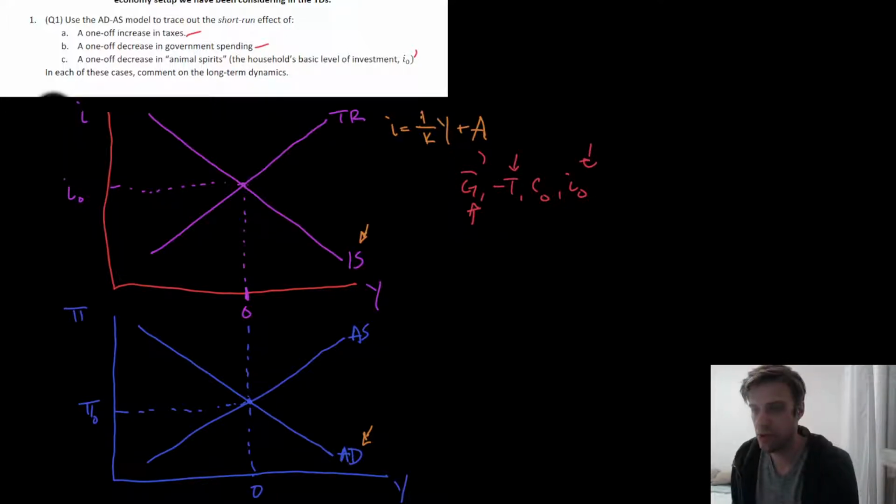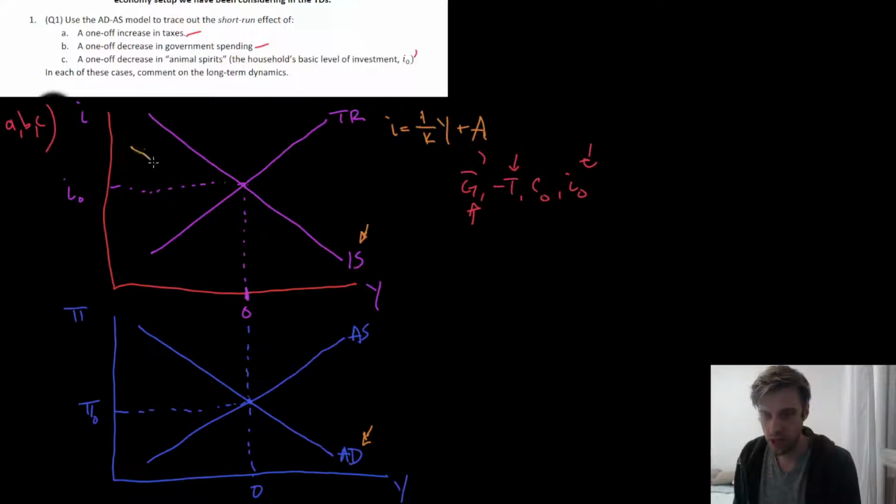So I'm even going to just rewrite this and write that this is A, B, and C. And in each and every case, we're going to have a negative effect. If taxes go up, minus taxes will cause A to go down. If government spending decreases, A will go down. And if I0 increases, then A will go down.